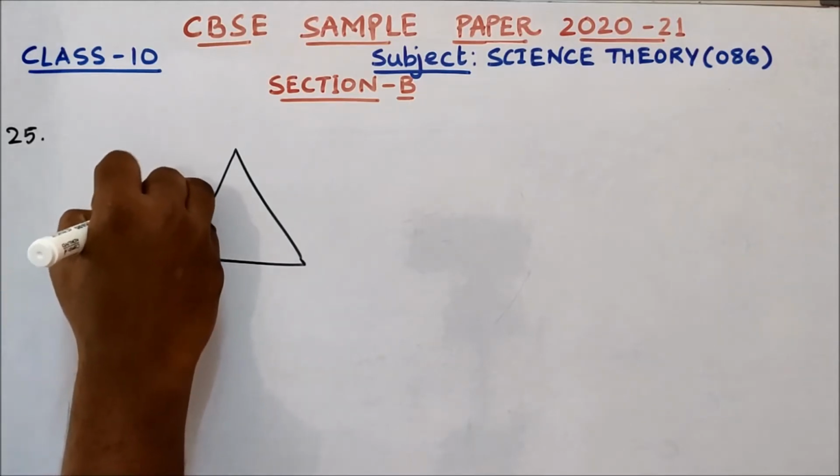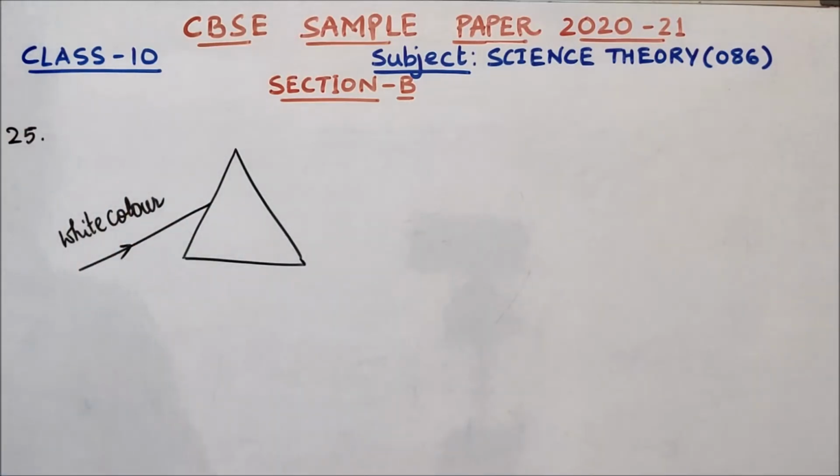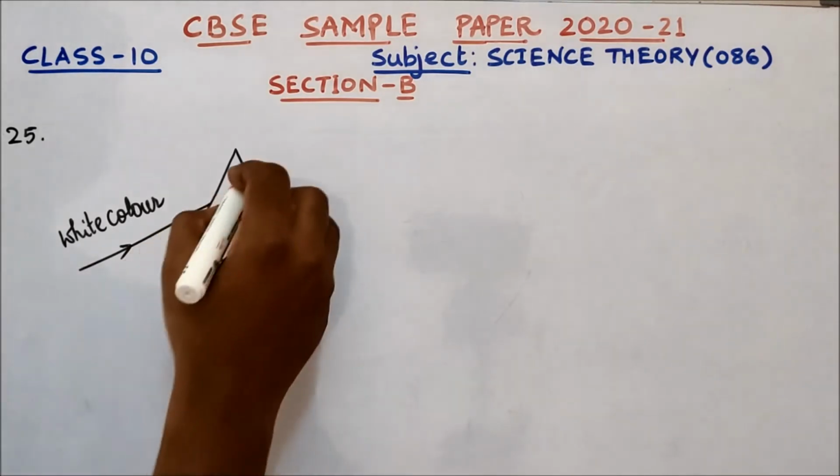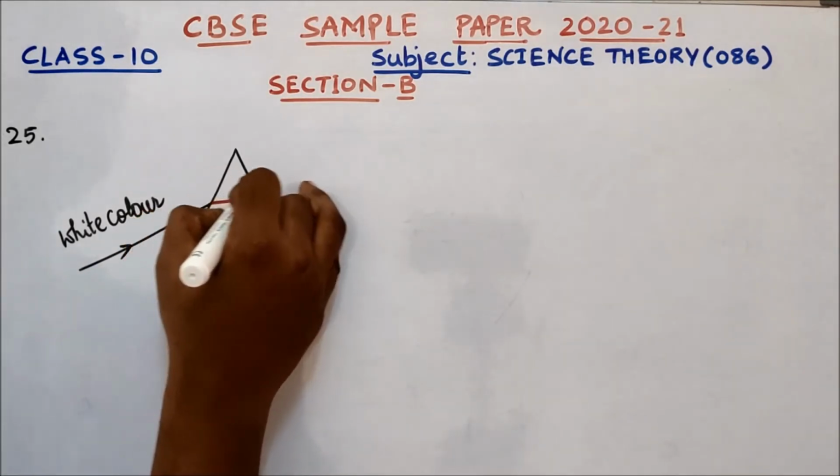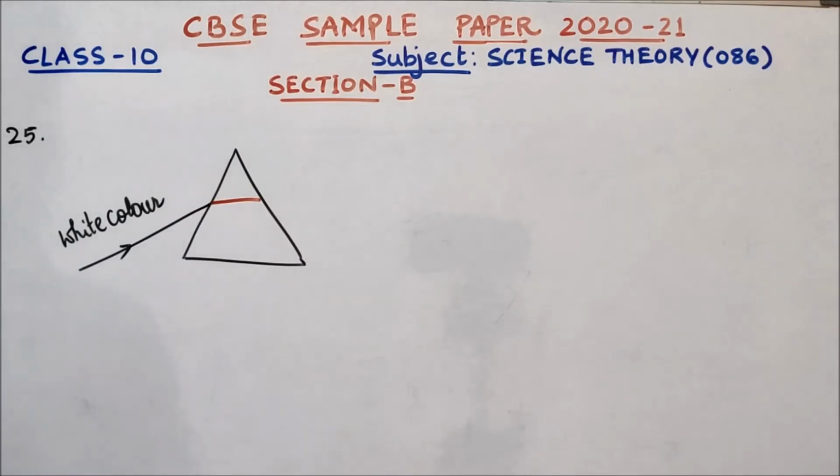After entering the prism, it undergoes a refraction, which we know, and it gets split into different component colors.